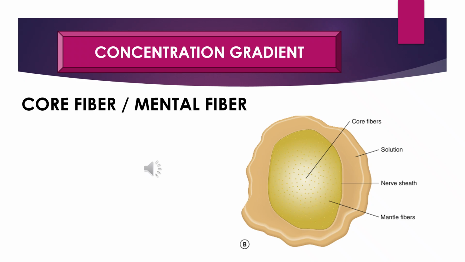When LA is injected into the soft tissue, the nerve has no LA inside it and the soft tissue has the LA. So diffusion of LA takes place from high concentration to low concentration, that means from soft tissue to the nerve tissue.